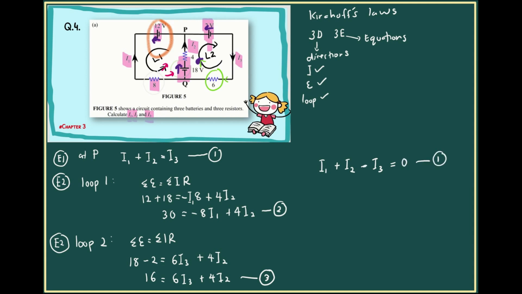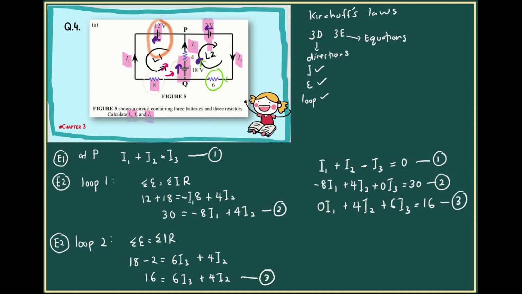Your second equation, we have negative 8 I1 plus 4 I2 plus 0 I3 equal to 0; we put 0 as if we have I3 there. Then the last one, we don't have I1, so we just put 0 I1 plus 4 I2 plus 6 I3 equal to 16, the third equation.